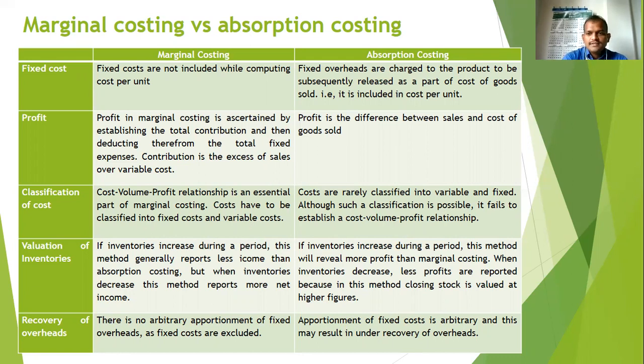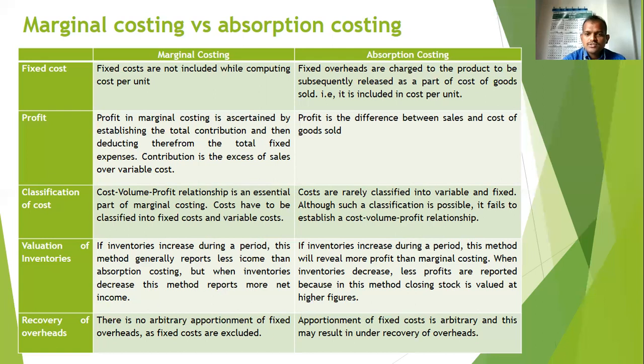Valuation of inventories. So, under marginal costing, inventories are valued at variable cost. So, if inventories increase during a period, this method generally reports less income than absorption costing. But when inventories decrease, this method reports more net income.